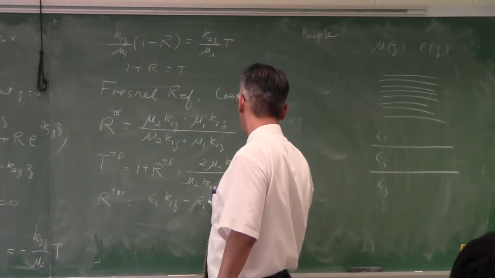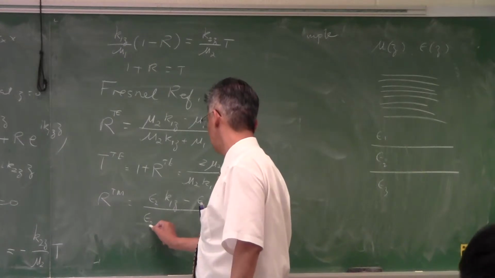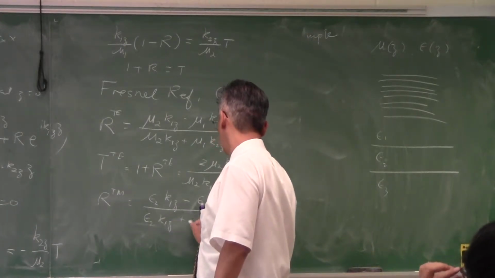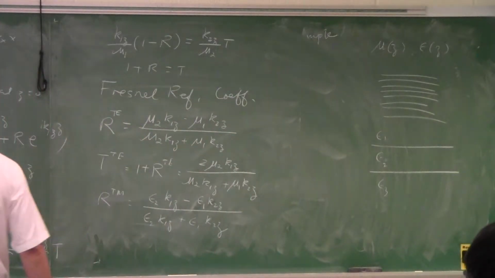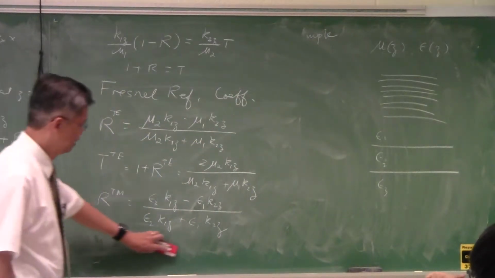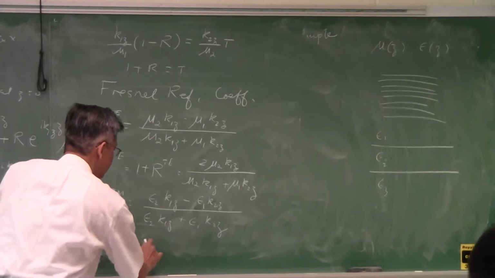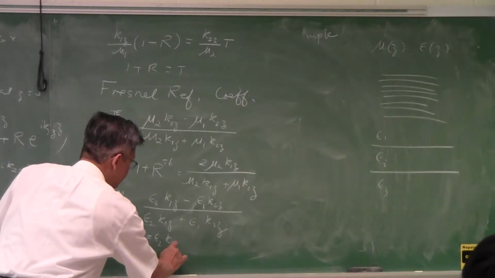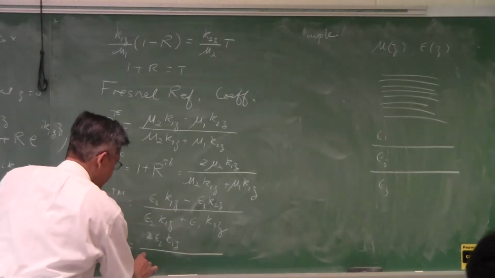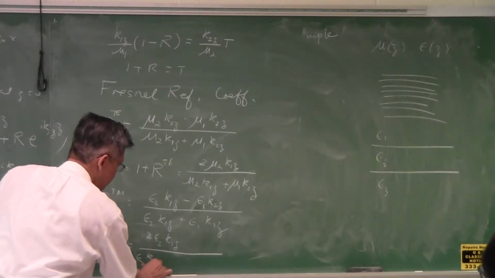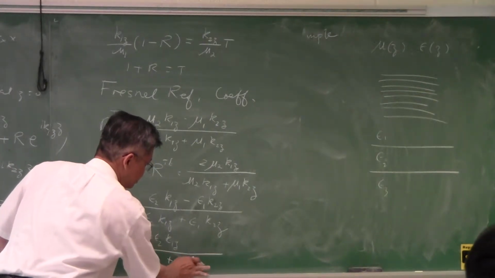And then T_TM is just 2 epsilon 2 k1z over epsilon 2 k1z plus epsilon 1 k2z.